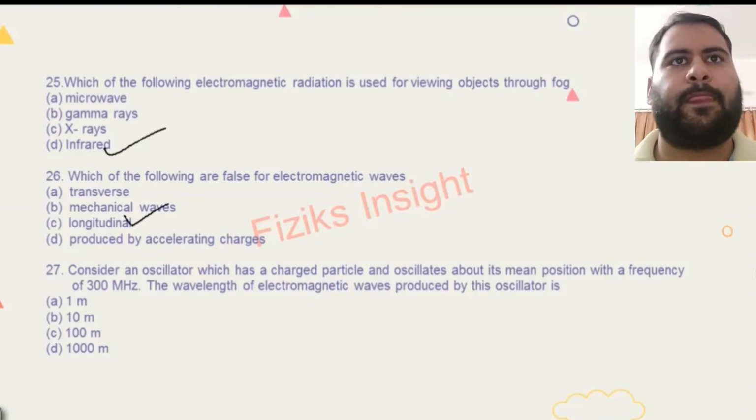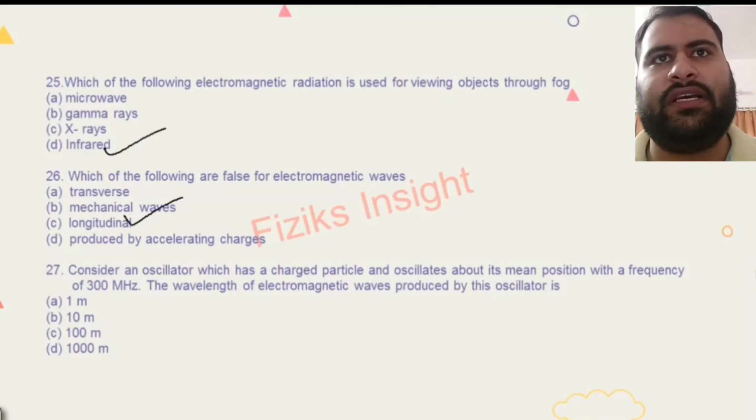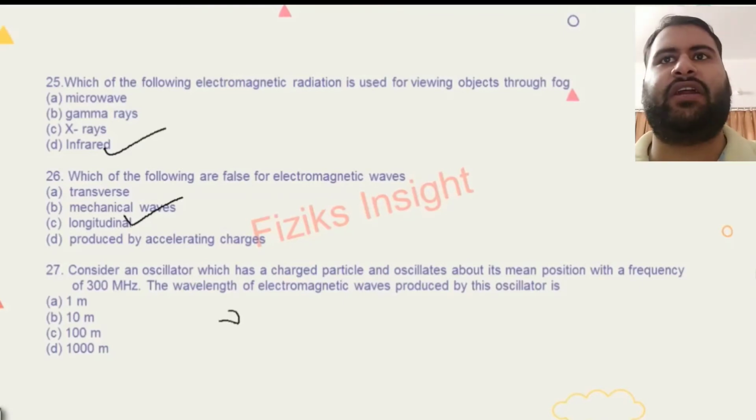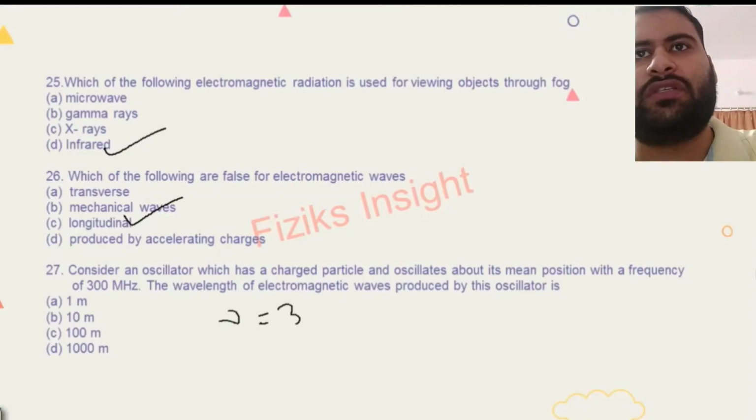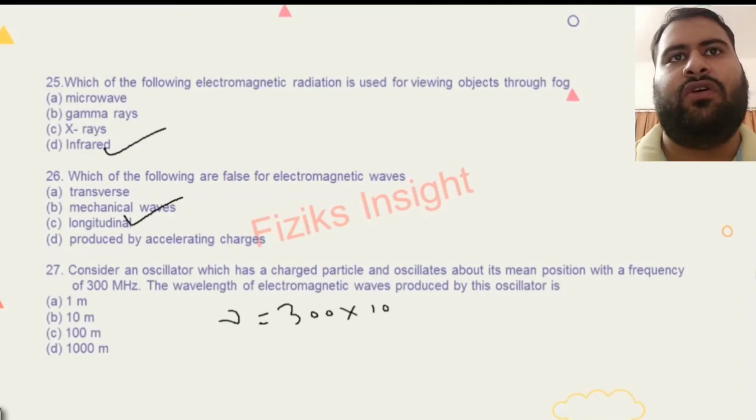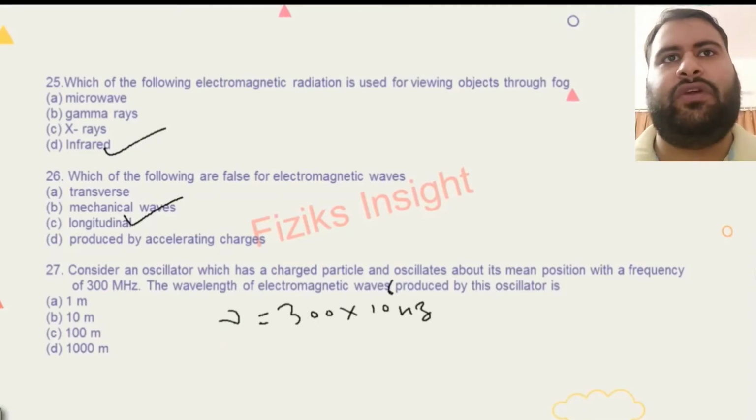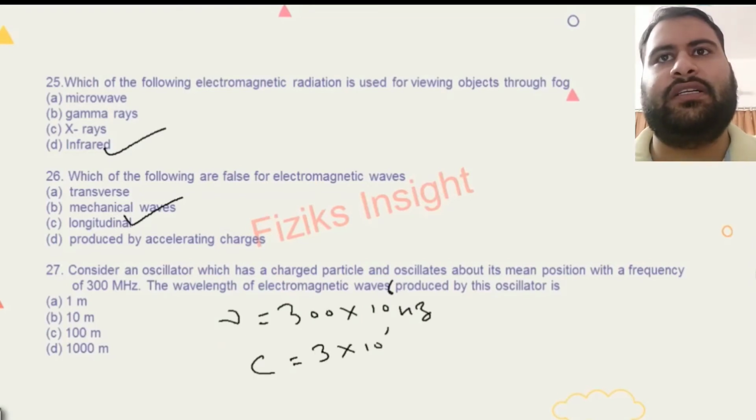Okay. Now 27th question, consider an oscillator which has a charged particle and oscillates about its mean position with a frequency of 300 megahertz. The wavelength of electromagnetic waves produced by this oscillator is? Now frequency is given to you, which is 300 into 10 raised power 6 hertz, and speed of electromagnetic waves, you know, 3 into 10 raised power 8 meter per second.